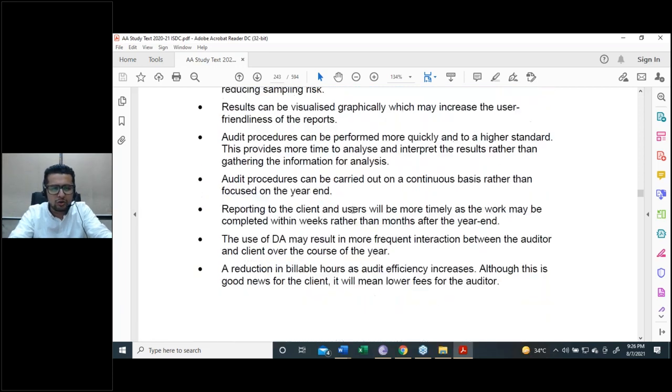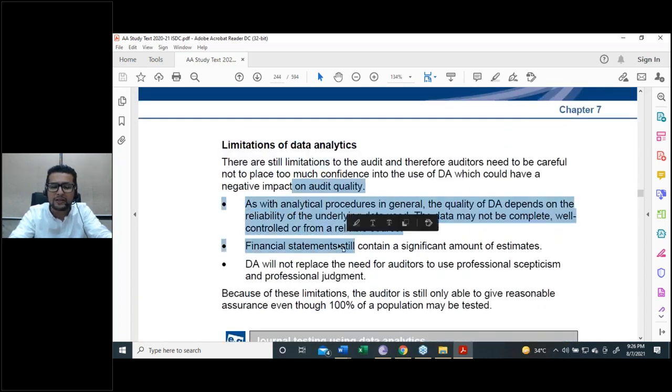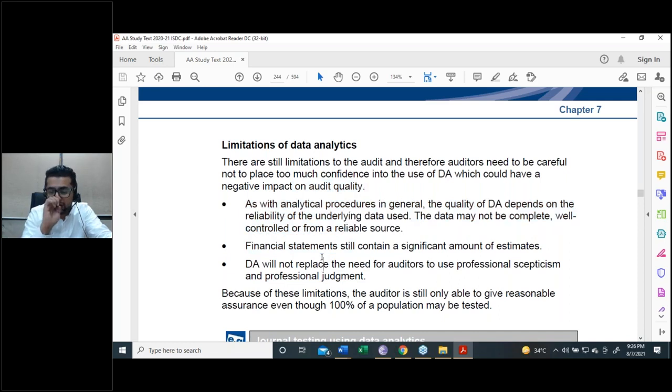So that's about it. Yes, there are limitations of data analytics that could be tested as well. It's a very costly thing to begin with. The data protection, data security is a very tricky issue. So these are the potential disadvantages or loopholes of it.